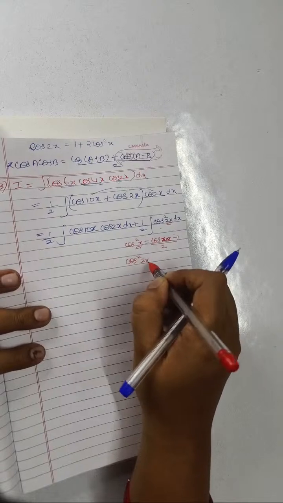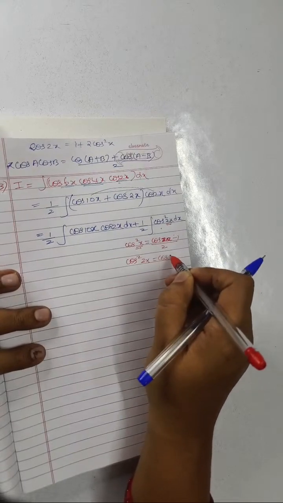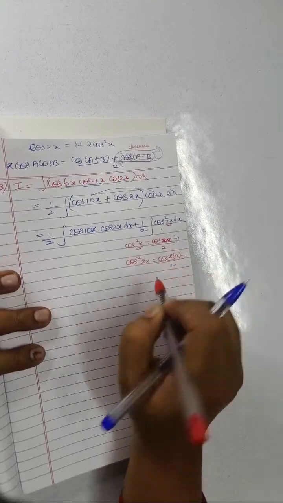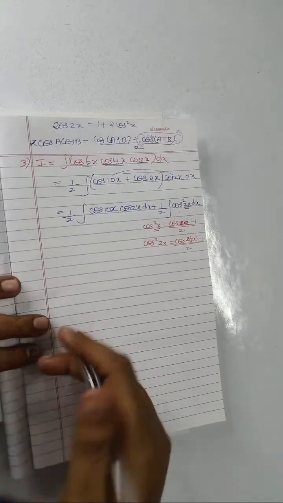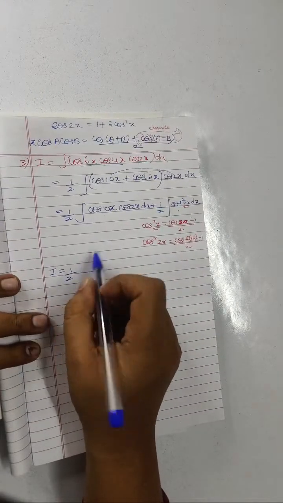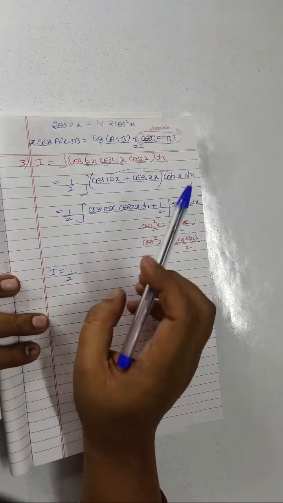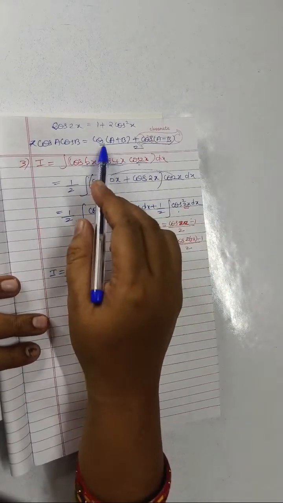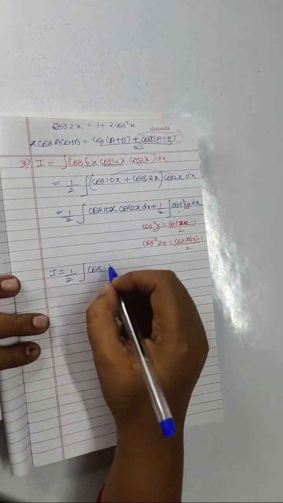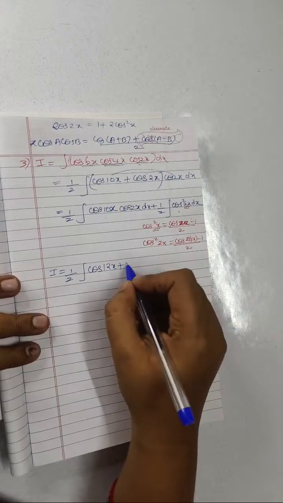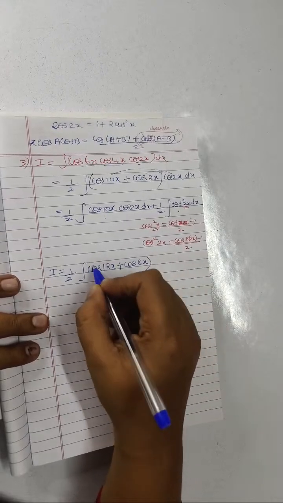To get 2x here, we have to write it as cos 2 of 2x, that is cos 4x by 2. So when we replace, I is equal to 1 by 2, we are using the formula, right? Integral of 10x and 2x.